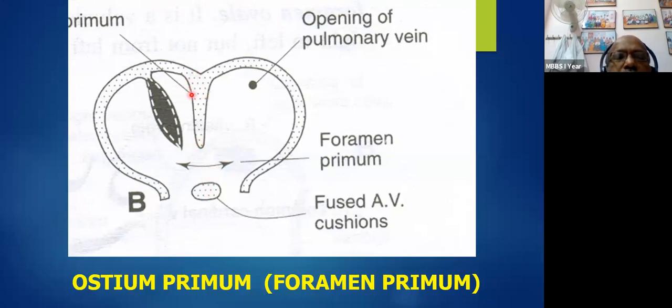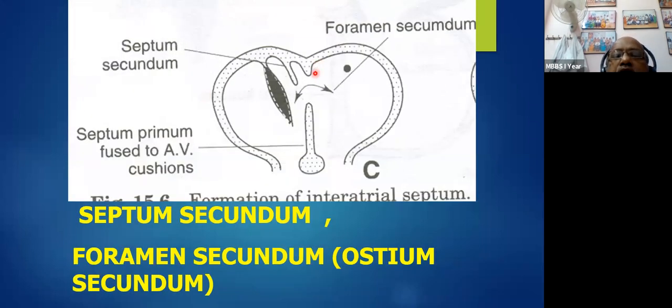By that time, due to the degeneration of the upper part of your septum primum, another opening is formed here, that is your foramen secundum. That foramen secundum is closed by the formation of another septum, once again from the roof of the common atrial chamber, between your septum spurium and septum primum.